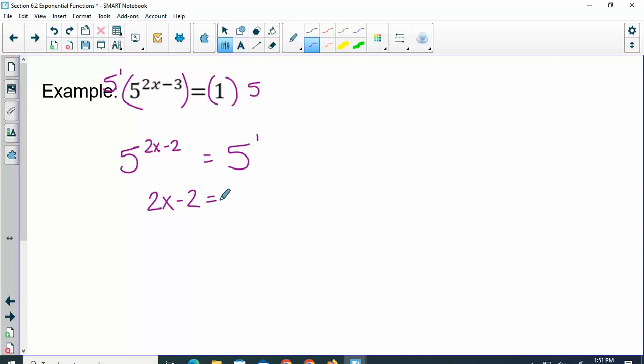So we would have 2x minus 2 equals 1. You wouldn't have to take the 5 and 5. No, because we added their exponents. So when you're multiplying, the base doesn't change. So we get 2x equals 3 and x is 3 halves. So that's one way of doing it.